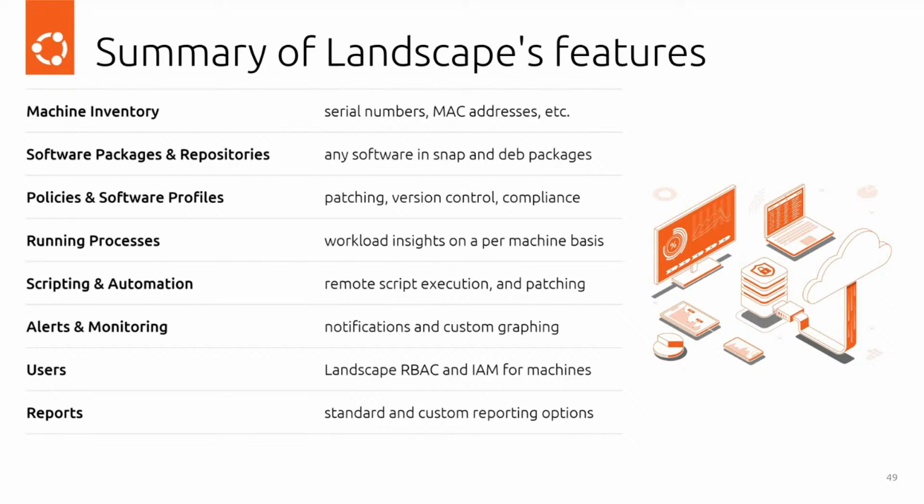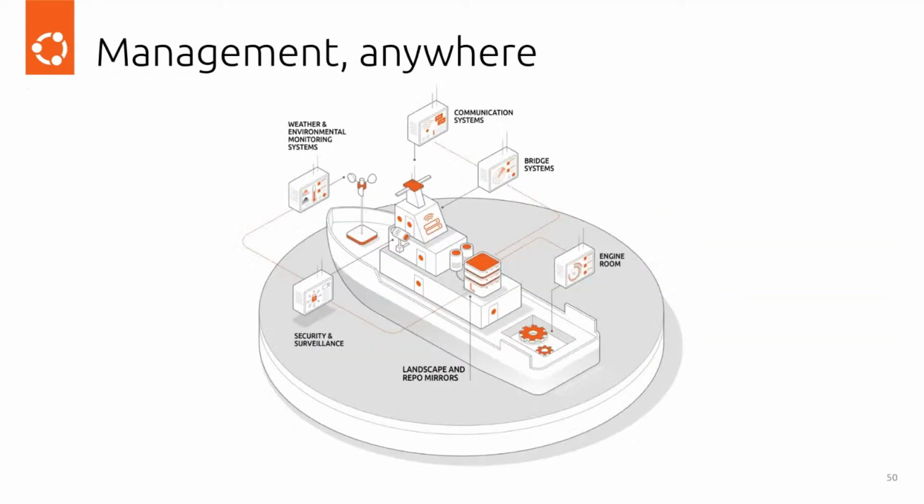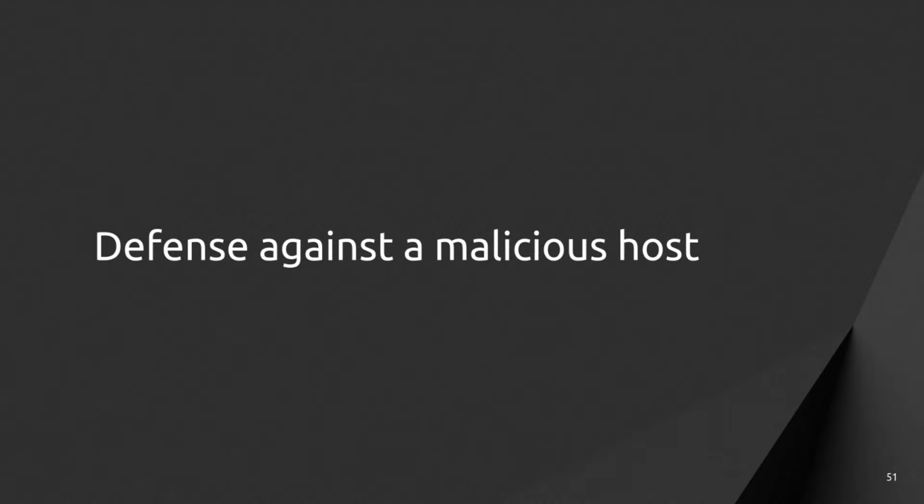And it has alerts and monitoring capabilities as well. This is just to emphasize that if you're in an air-gapped environment, you can still consume both Landscape and Live Patch effectively.